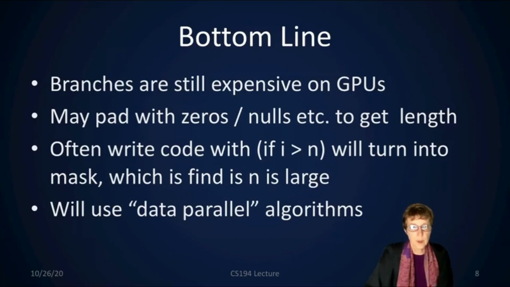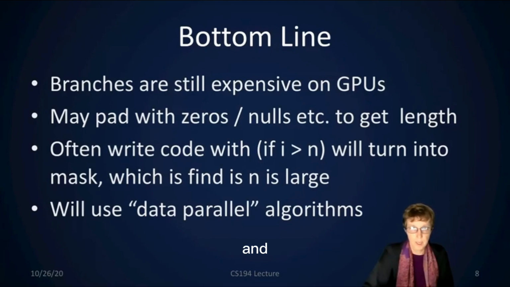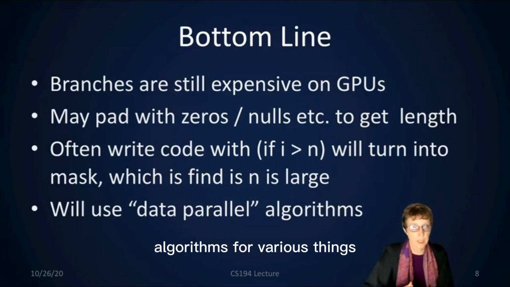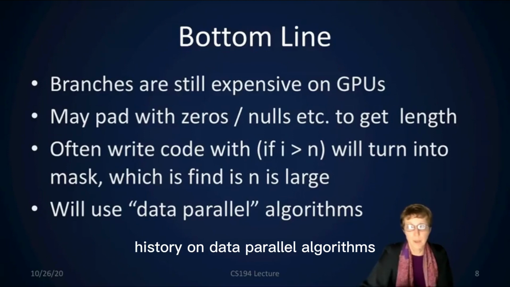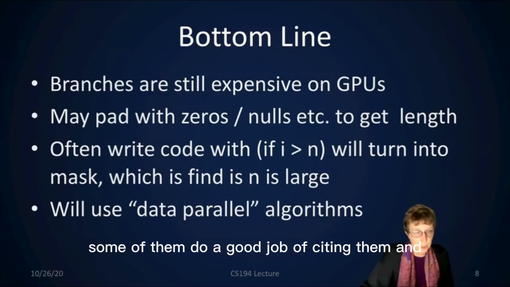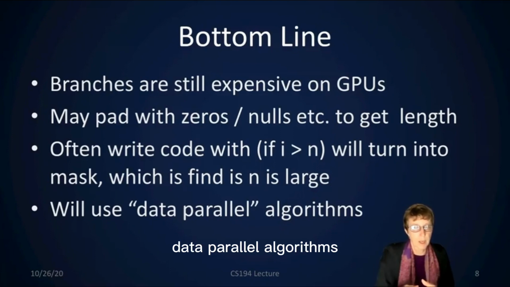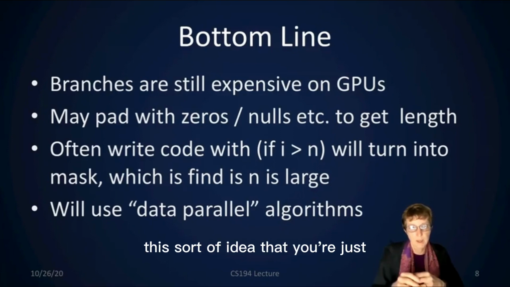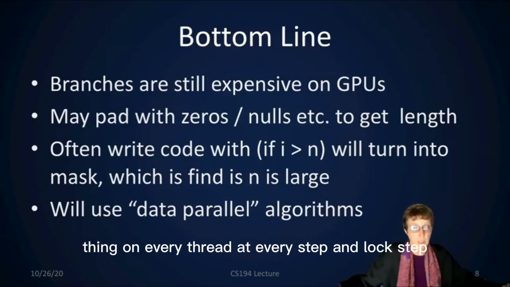And so we're going to want to think about parallel algorithms. And when you look at a lot of the papers on fast GPU algorithms for various things, you'll find, if you are aware of the history on data parallel algorithms, some of them do a good job of citing them, and some of them kind of rediscover them. But they're going to use a lot of these data parallel algorithms, because data parallel algorithms give us this idea that you're just executing the same thing on every thread at every step in lockstep.